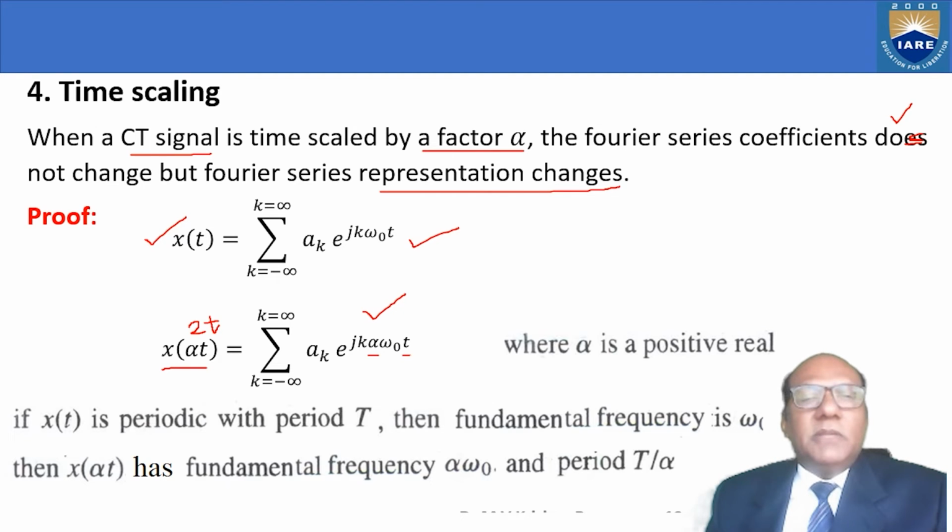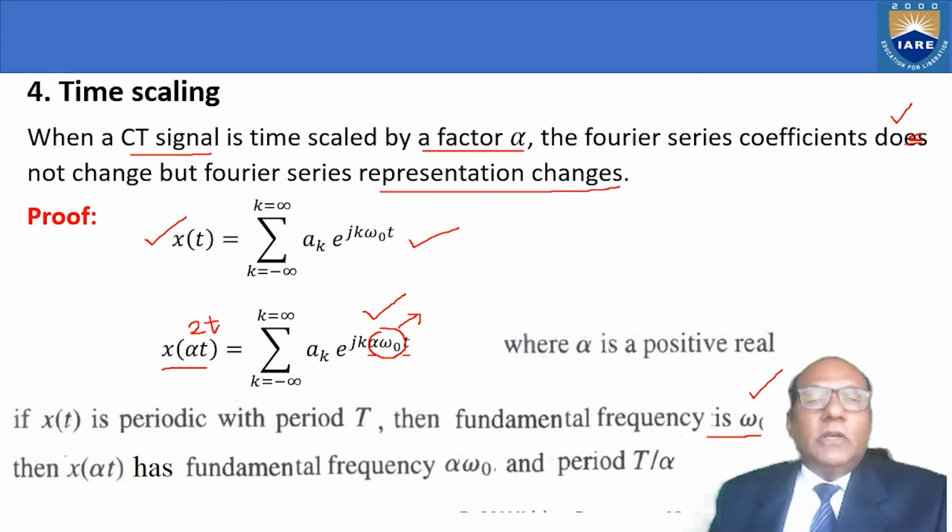So after substitution, for the t variable, the frequency variable is becoming alpha omega naught. So it means the fundamental frequency now becomes alpha omega naught. The original signal has a fundamental frequency of omega naught.